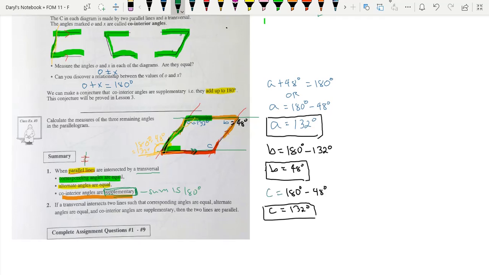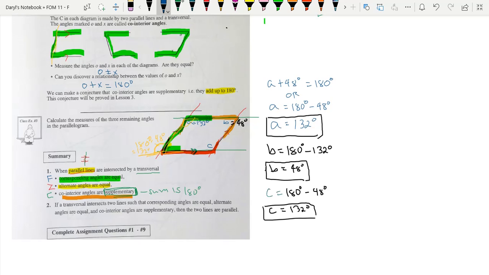Again, for co-interior angles, we have the letter C pattern. For alternate interior angles, we have the Z pattern. And for corresponding angles, we use the F pattern.